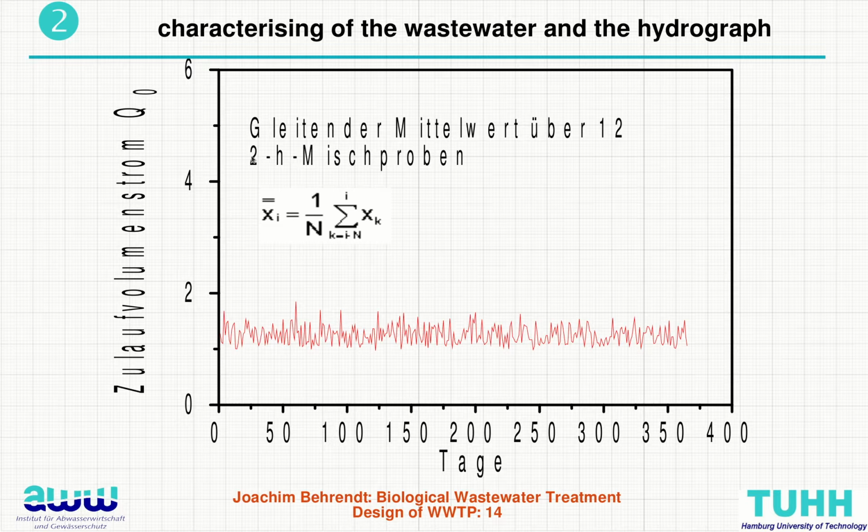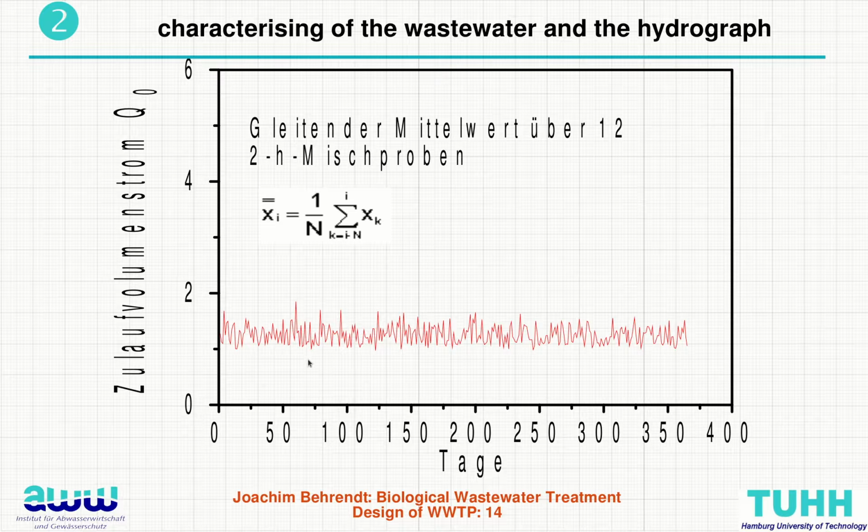These were 2-hour samples of the volume flow rate, and the water in wastewater treatment plants has a mean retention time of about 24 hours. That means if you have very high inflow rates for 2 hours, this does not have a big effect. Therefore we make this mean value over 12 values and use it as the inflow value.